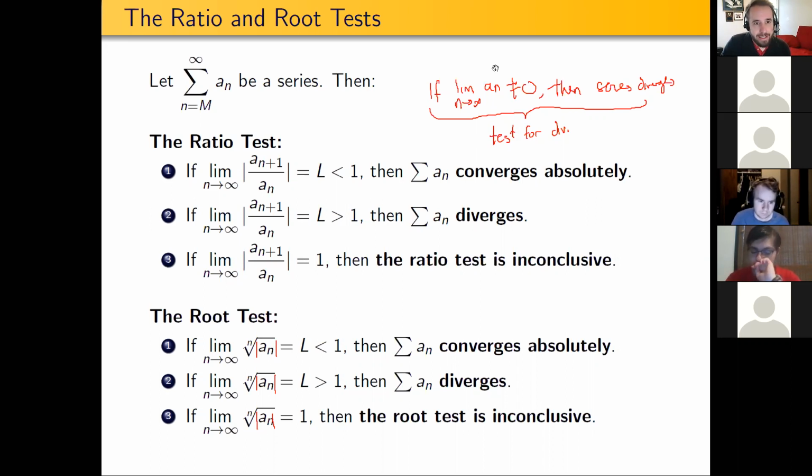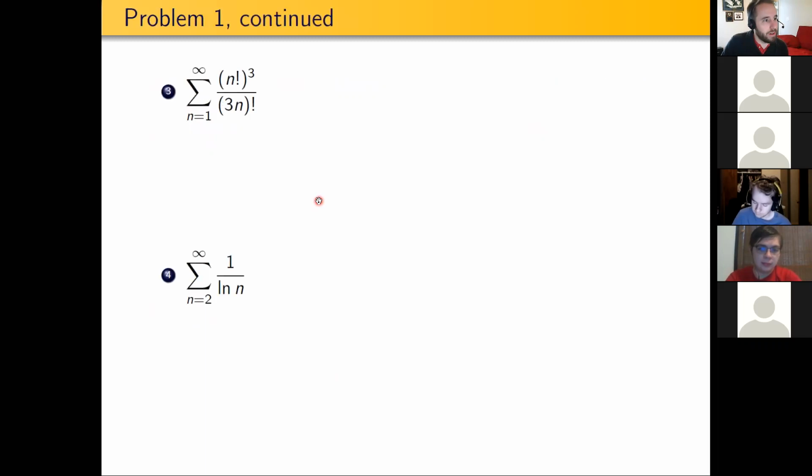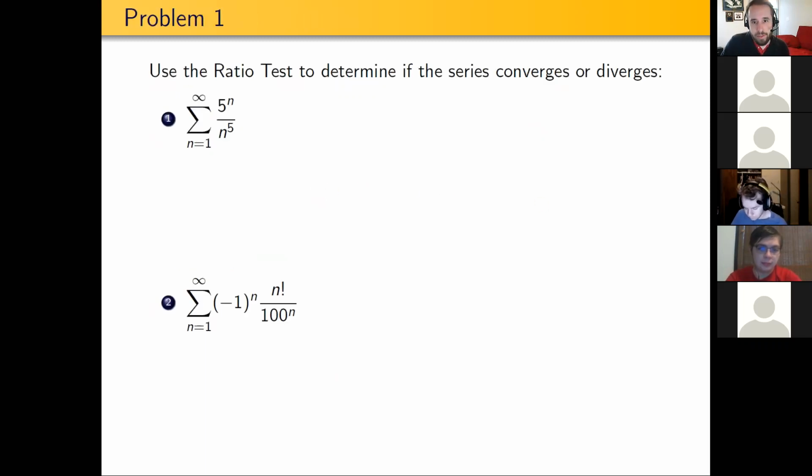All right, let's jump ahead. I want to talk about that more or less through examples. Here we start off with 4 different examples, 1, 2, 3, 4, four different examples of the ratio test in action.